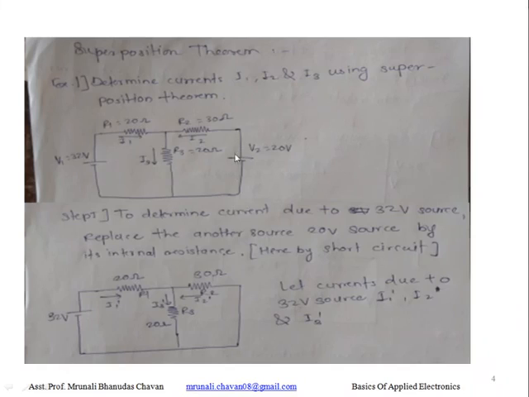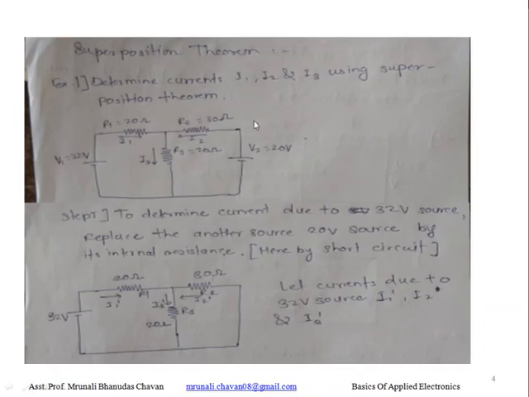So we have to replace this 20 volt source by short circuit, as we discussed previously. If the internal resistance is not mentioned for voltage sources, we have to take it as an ideal, as we know that the ideal voltage source has internal resistance 0, and if there is a current source, then we have to replace it by its internal resistance, means by infinity, that is open circuit.